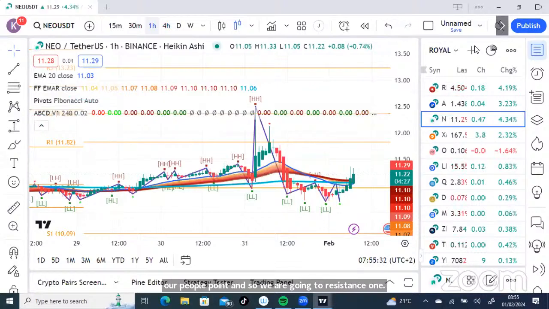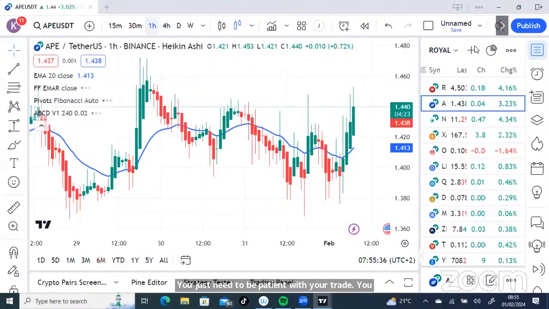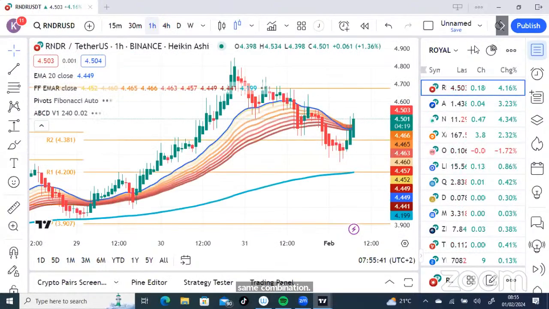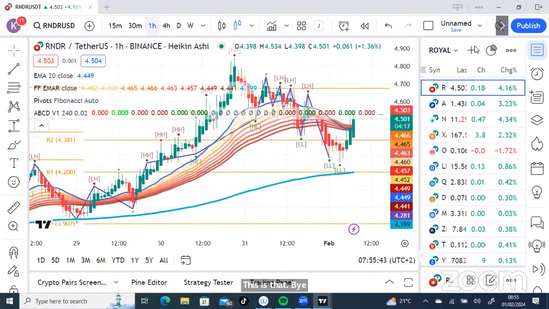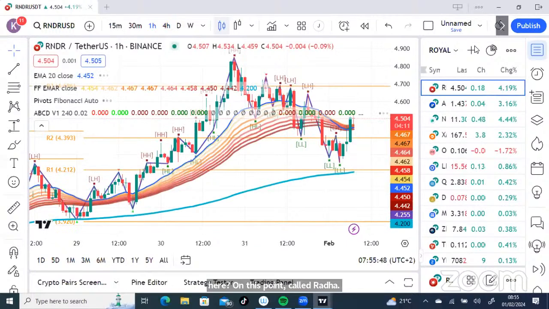You just need to be patient with your trade. You see the same combination. This is at NEO, but can you see the same stuff happening here on this coin called Radar? I also told you guys that, why would it not be okay in 1 hour to trade Radar?